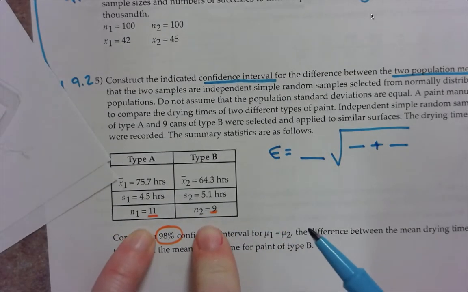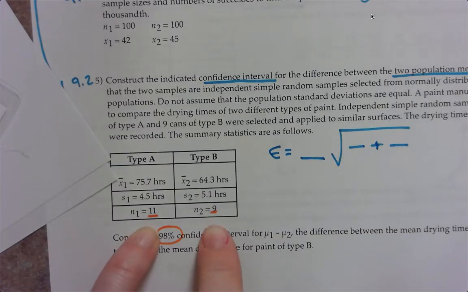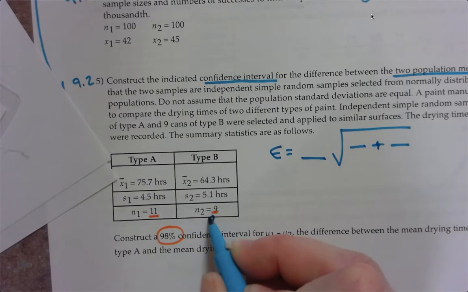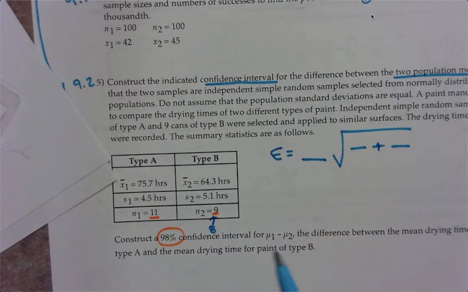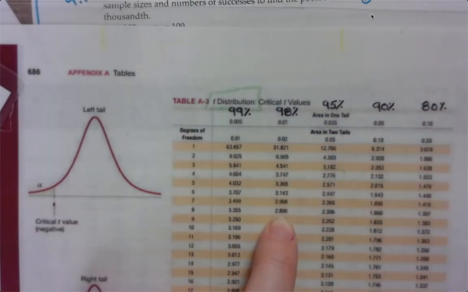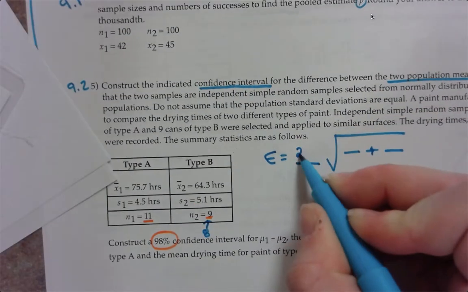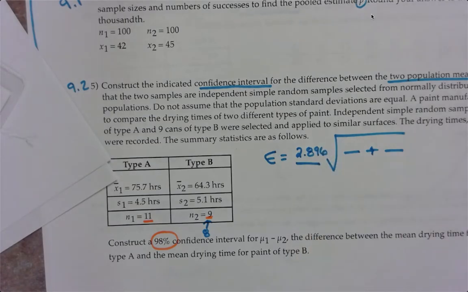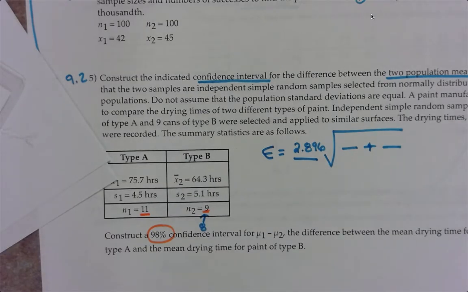I have 11 and 9. The smaller of the 2 would be 8 degrees of freedom because I'm basing it off of the 9. So on the t chart, I want 98% and 8 degrees of freedom. So I'm going to use 2.896. That helps you out a little bit figuring out what value you're going to use there, 2.896. So that one's a constructed confidence interval as well.